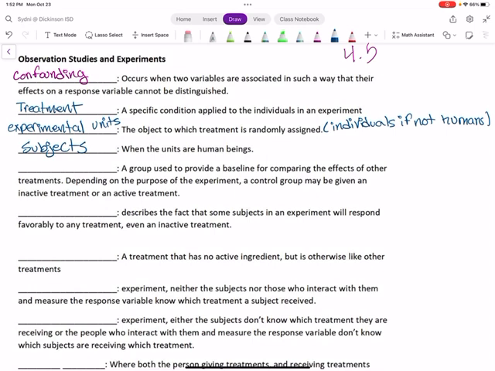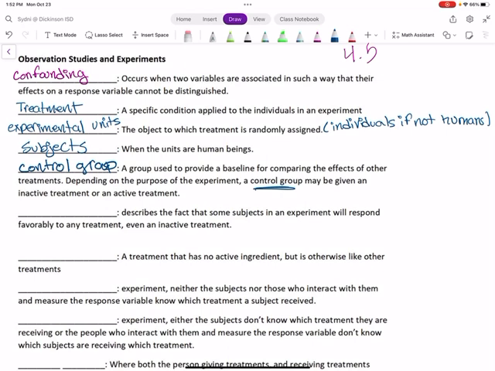The next thing is when you have a group used to provide a baseline for comparing the effects of the other treatments. Depending on the purpose for the experiment, there's the answer. This is a control group. Well, that kind of spoiled it. A control group may be given an inactive treatment or an active treatment.